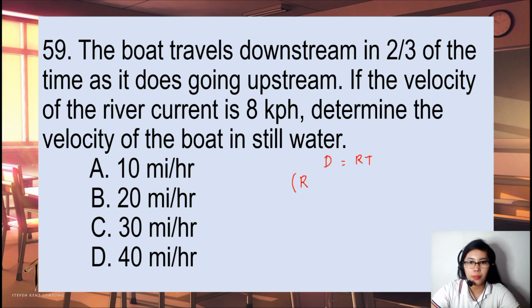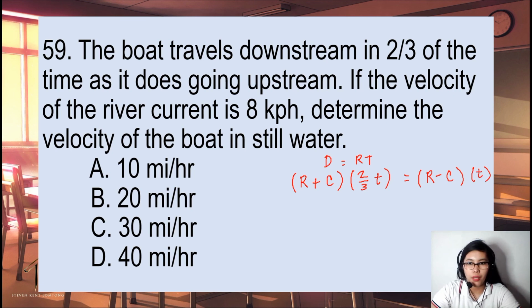Downstream, so same direction as the current, so R plus C. Our time, it takes 2/3 of the time as it goes upstream. So let us just write it as 2/3 time. Then let's equate this to R minus C upstream multiplied by time t.